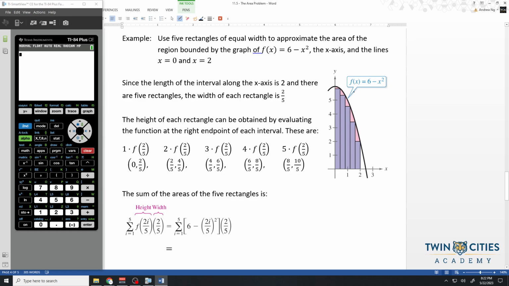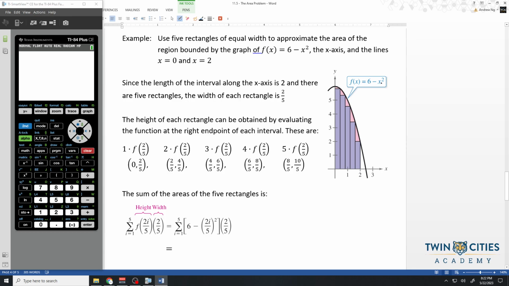Then for the height of these rectangles, I'll be using this curve, and the height of this rectangle, one corner is going to hit this curve right here. This is at 2 fifths. At 2 fifths, the height of this rectangle is f of 2 fifths.